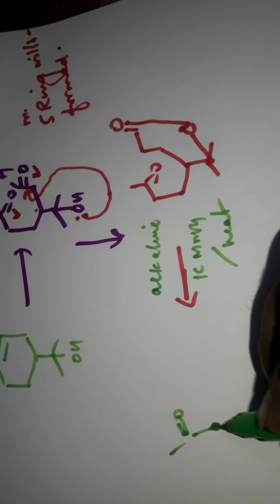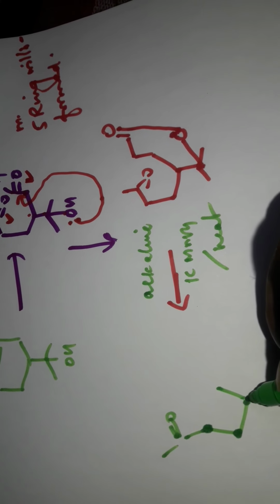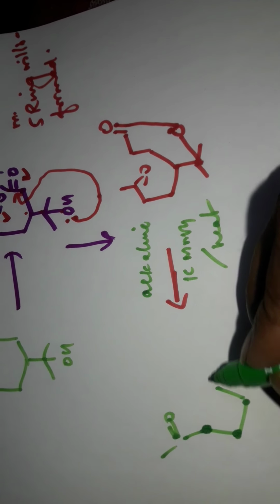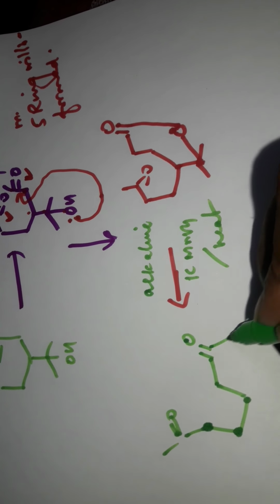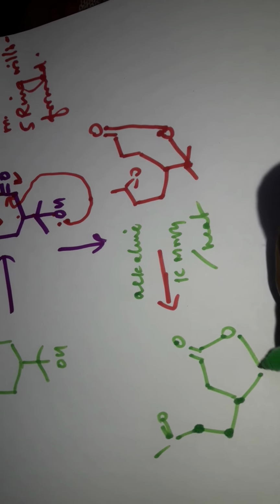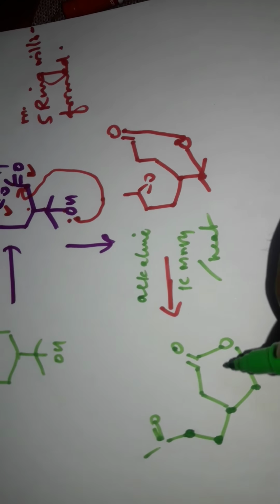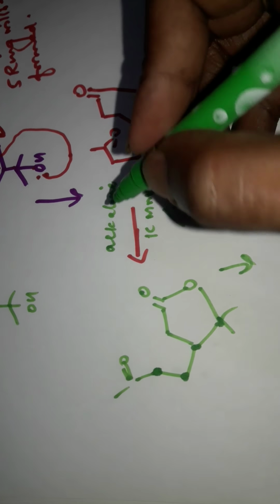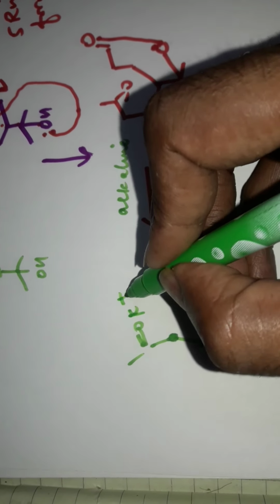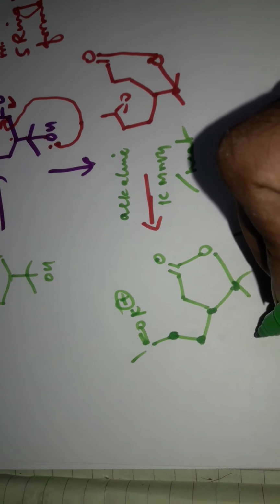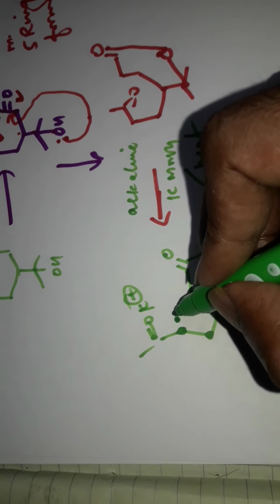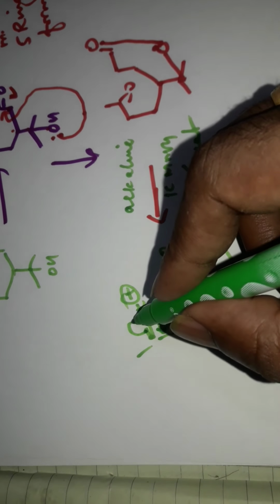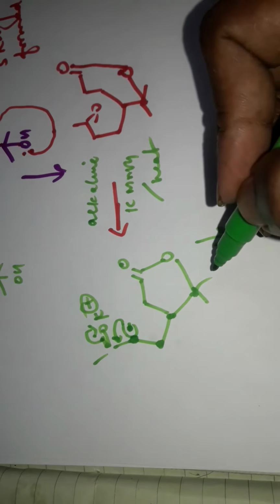By adding alkaline KMnO4, this will be converted, and this bond will migrate here, and keto-enol type isomerism takes place here.